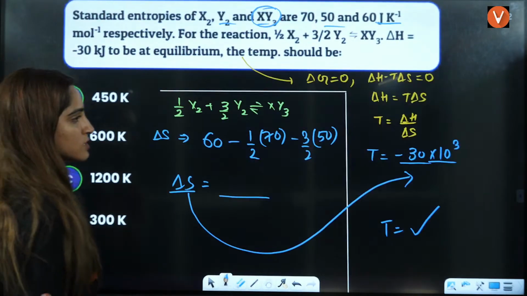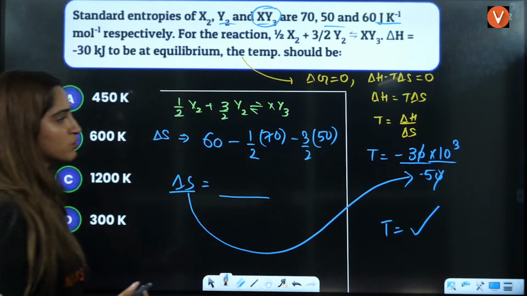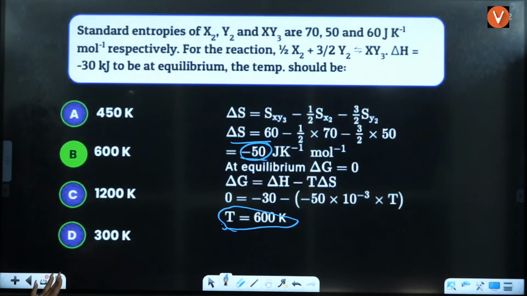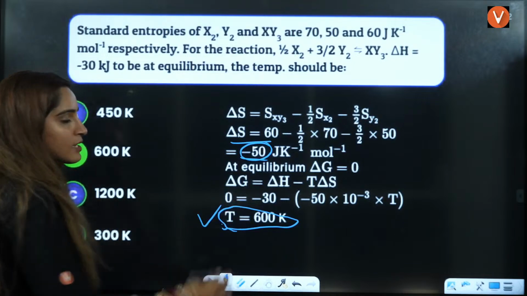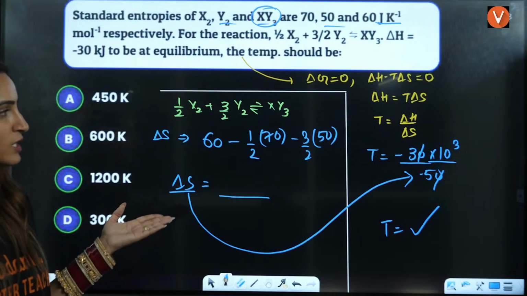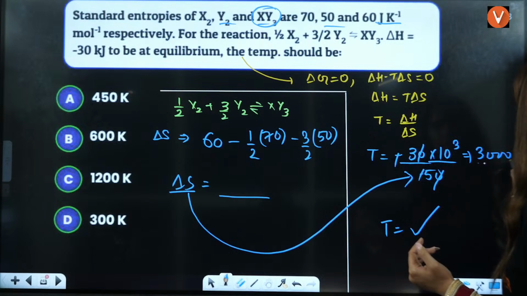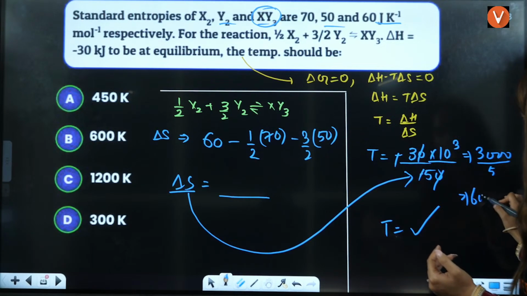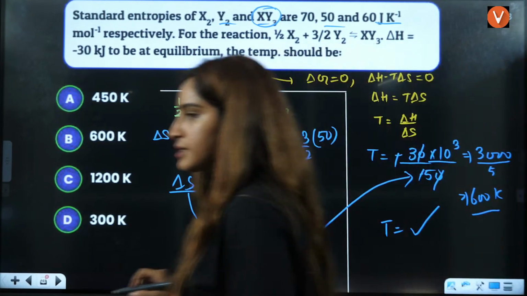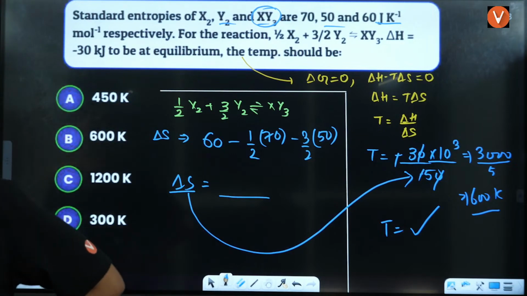The minus will cancel out, and this is nothing but 3000 divided by 5, that will be 600 Kelvin only. Right? Understood, everybody?